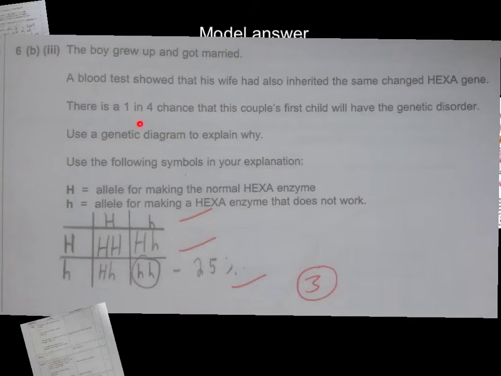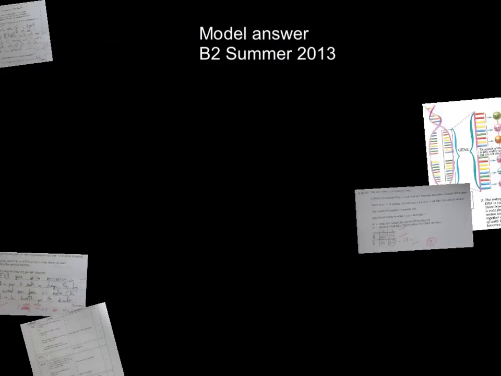Why is there a 1 in 4 chance, so I've not actually said this last bit, that the couple's first child will have the genetic disorder? So you've got to explain it. So for your 3 marks, you need to clearly show that both parents are heterozygous, they've got 1 of each. You then do your genetic cross, you get the 2nd mark for that, and then you get the 3rd mark for highlighting the 25%. Easy peasy, you can do that.